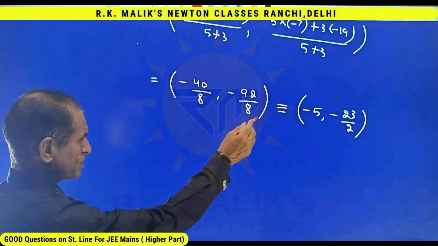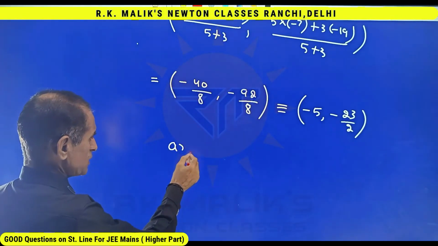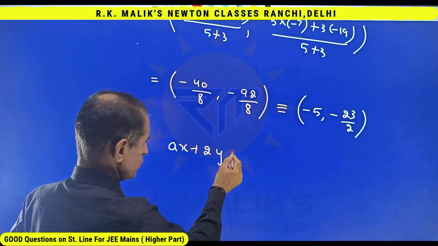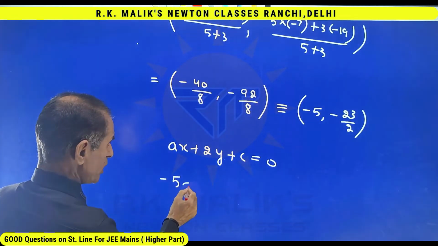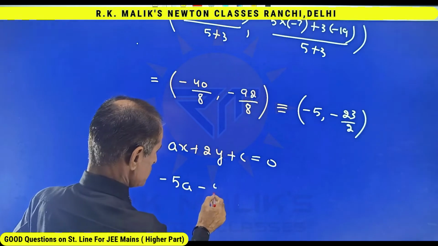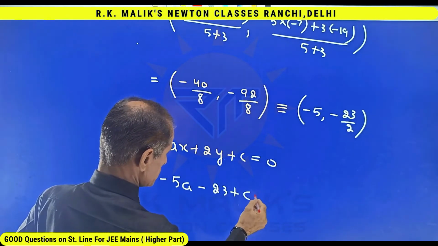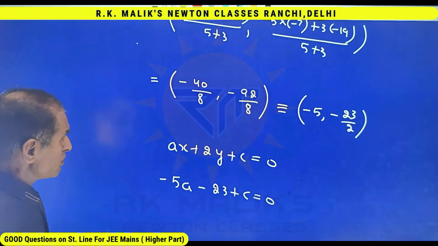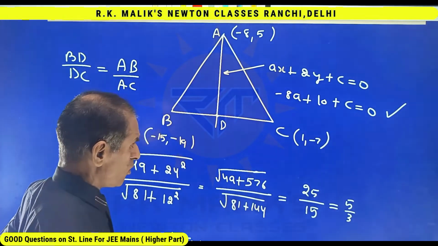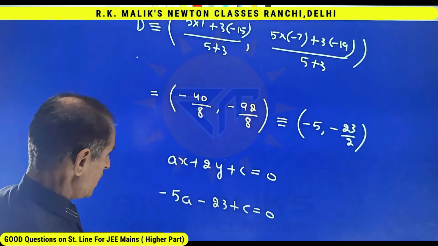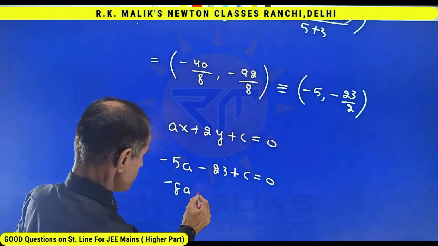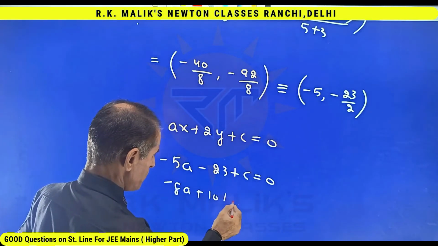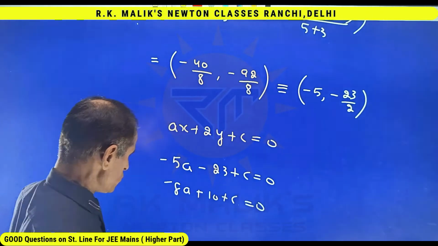Clearly this point lies on AD, hence it will satisfy the equation ax plus 2y plus c equal to 0. Putting this point in the line ax plus 2y plus c equal to 0, I get minus 5a minus 23 plus c equal to 0. One relation we have already got, and that is minus 8a plus 10 plus c equal to 0.